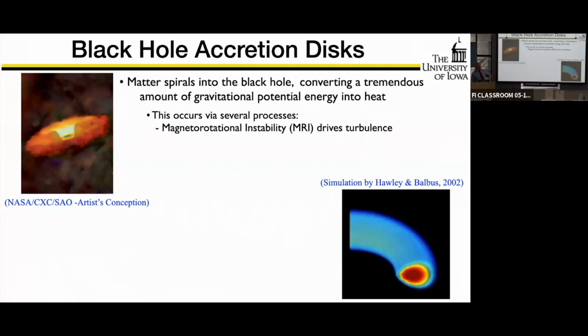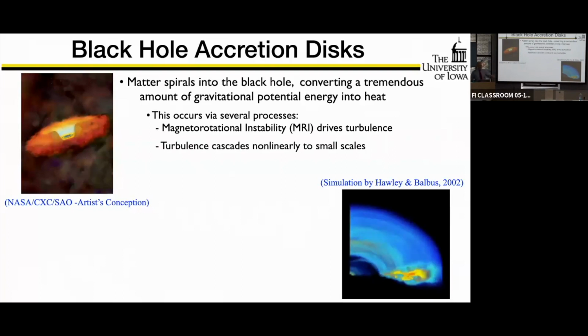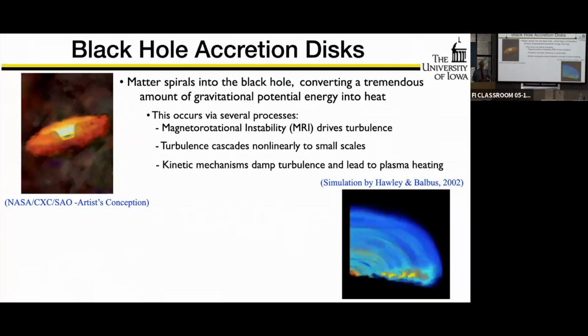And down here on the lower right, there's an old simulation from Balbus and Hawley of turbulence being driven in an accretion disk. That turbulence then cascades energy nonlinearly down to smaller and smaller scales until it reaches sufficiently small scales that kinetic plasma physics mechanisms can damp that turbulence and lead to the plasma heating.